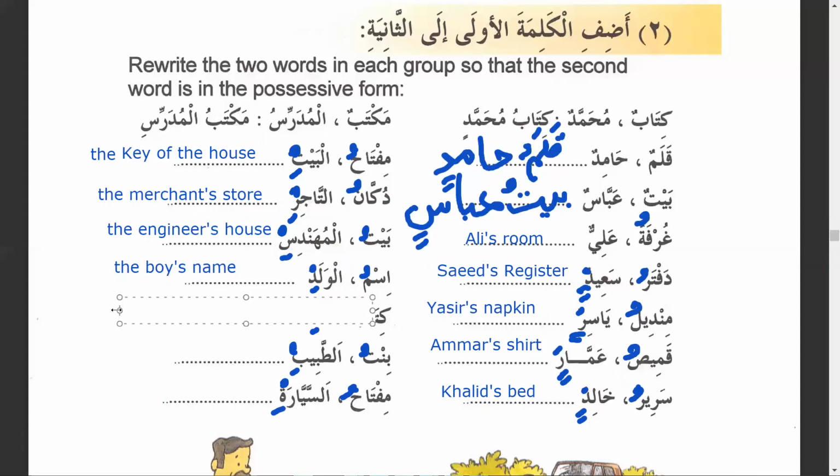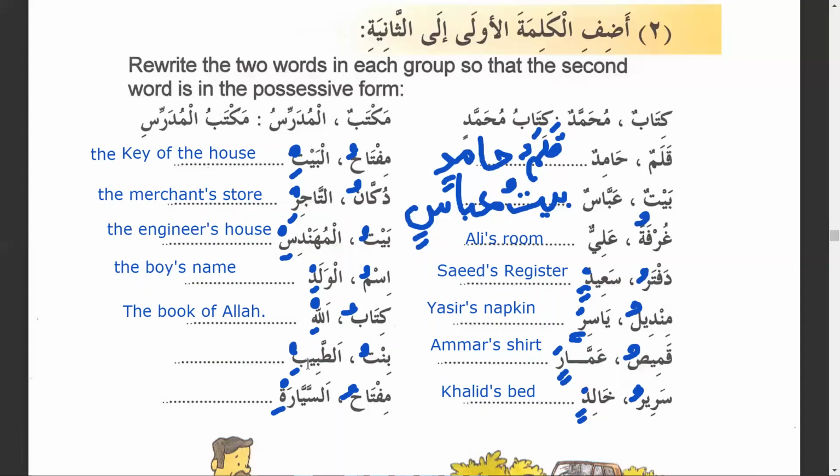The book, Kitabullahi, the book of Allah, Subhanahu wa ta'ala. Bint Tabibi. Bintu means daughter.